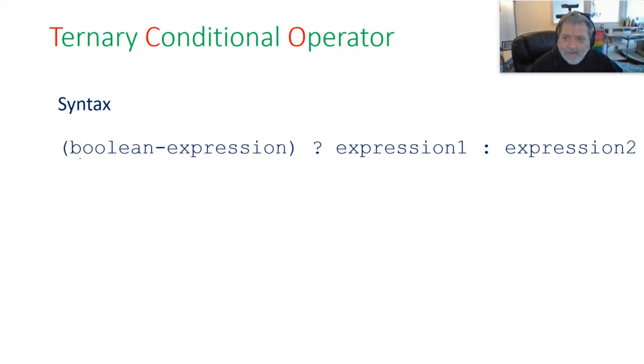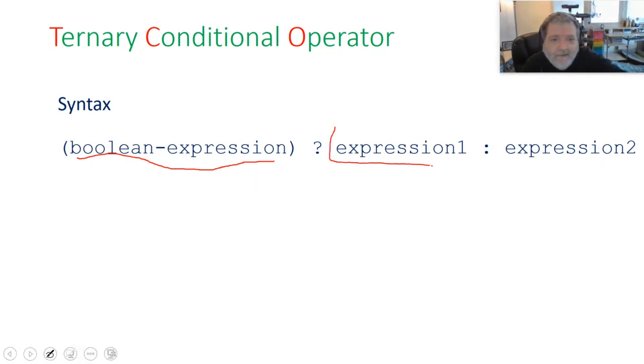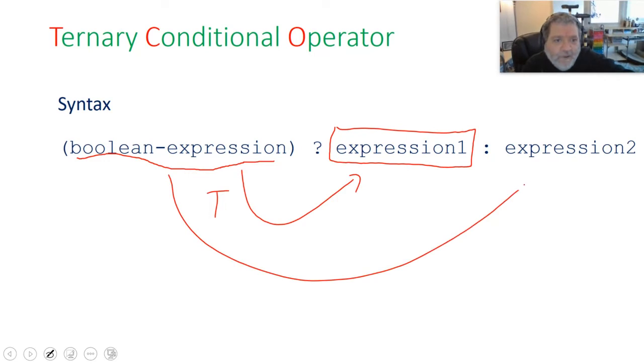Okay, there we go. Boolean expression right here. So it's going to allow me to test a Boolean expression. And then, depending on whether that expression is true or false, I'm going to evaluate this expression if the first one is true. If the first one is false, then I'm going to instead evaluate this expression here.